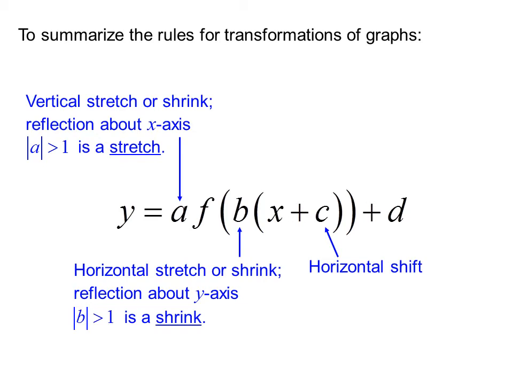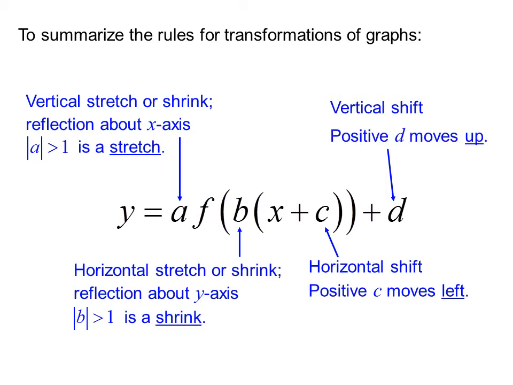A plus c on the inside makes it a horizontal shift. A positive value of c moves it to the left. And the number added to the end, in this case plus d, is a vertical shift. A positive d moves the graph up.